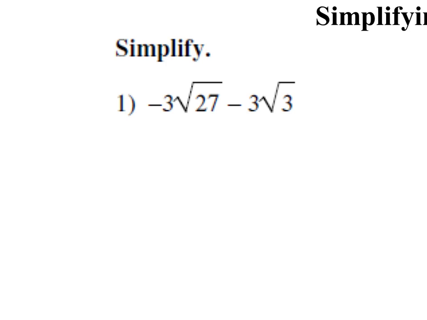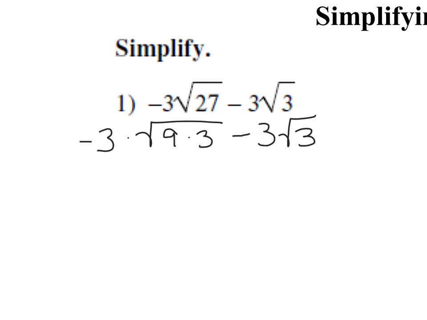First, I'm going to take my -3 and multiply that times the square root, and I can break this 27 down into 9 times 3. And I notice that 9 is a perfect square, so I can take the square root of that, and that's what I'm going to do. I'm going to take the square root of the 9. So now I'm going to have -3 times 3 times root 3 minus 3 times root 3.